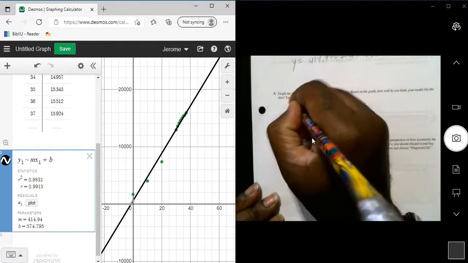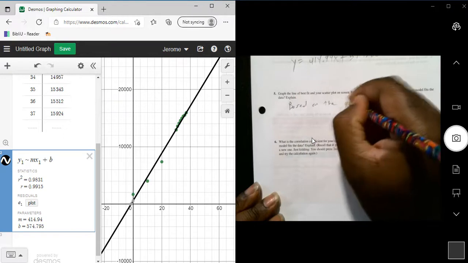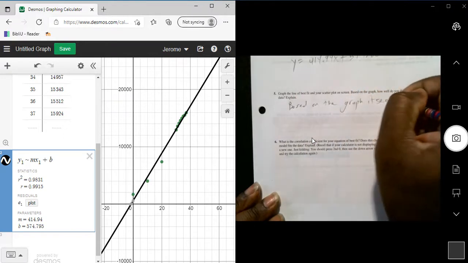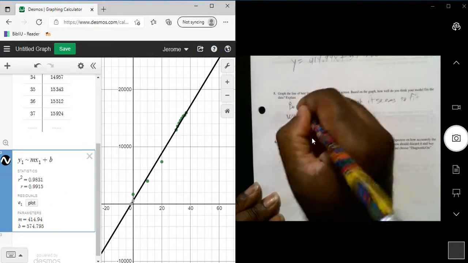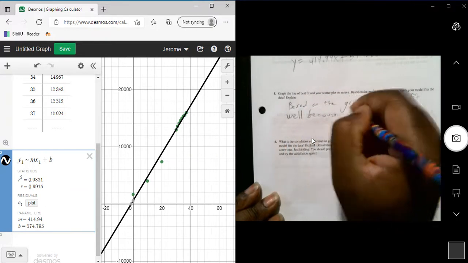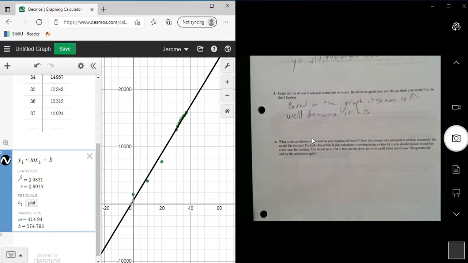Based on the graph, it seems to fit well because it hits a lot of the points.